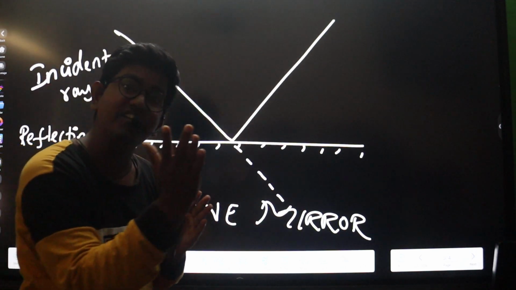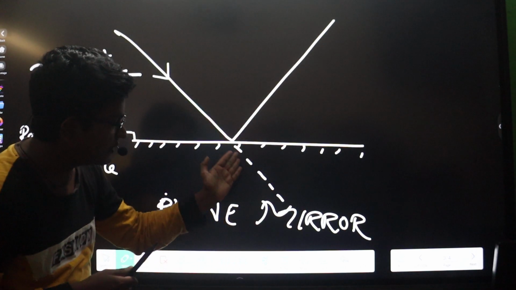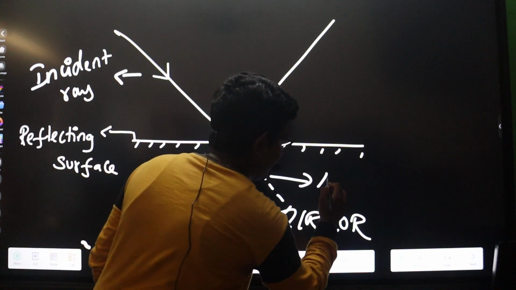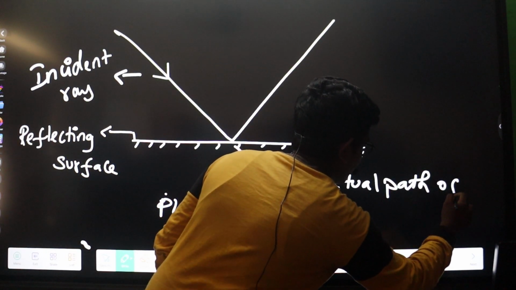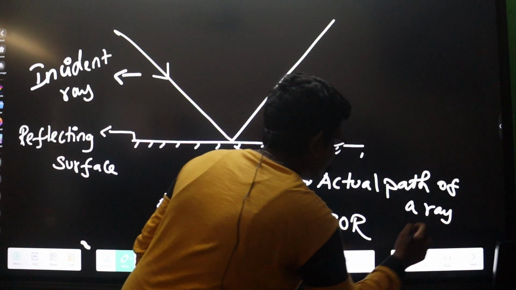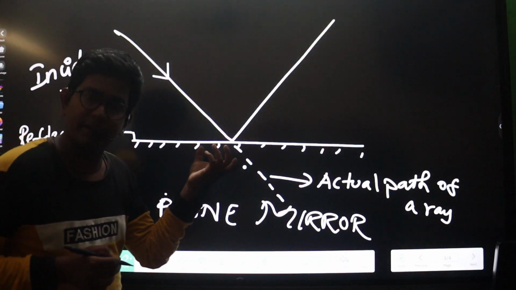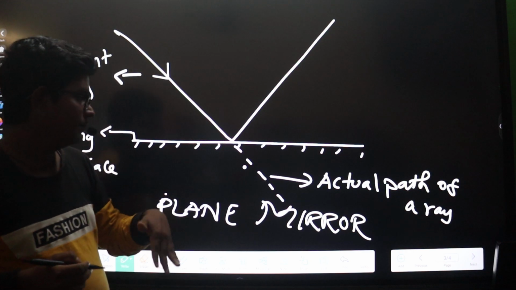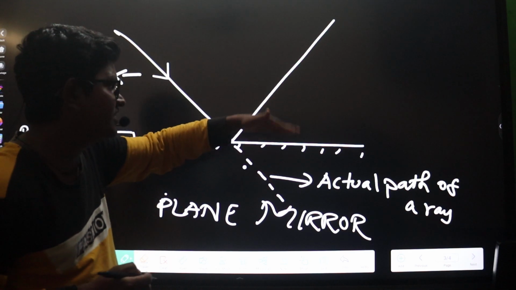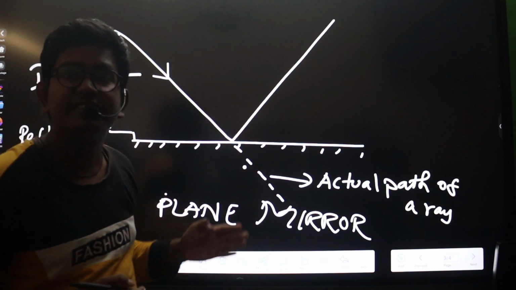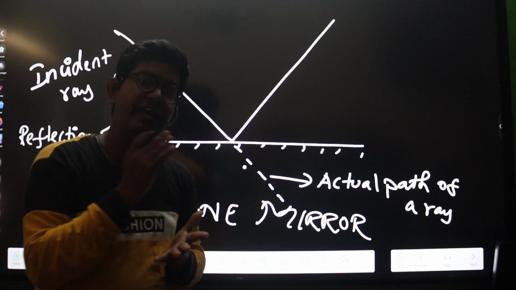The ray changes its path. Its actual path is this, the actual path of a ray, but due to a plane mirror, it changes its path.